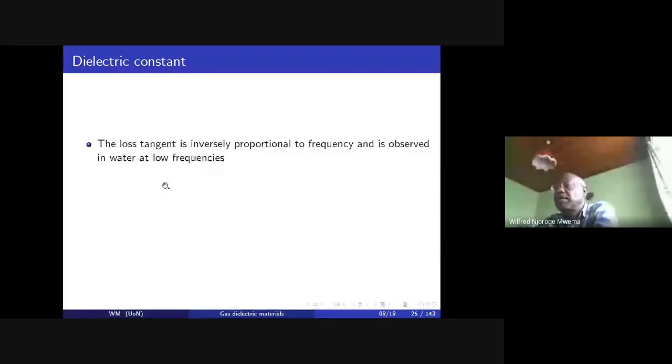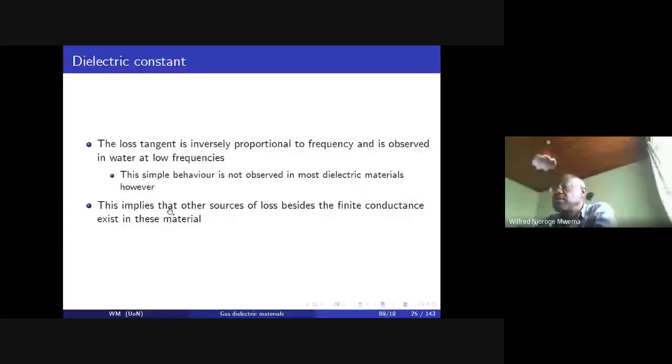This simple behavior is not observed in most dielectric materials, which means that for these materials there are other sources of losses.